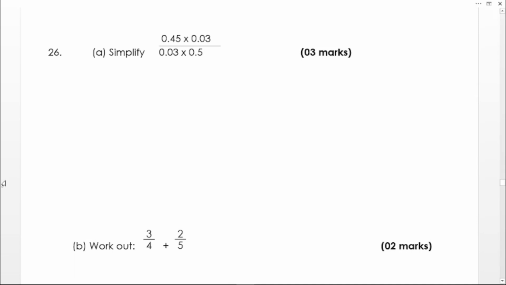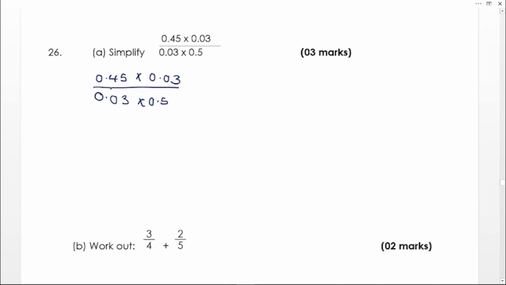All right, now number 26, we are having decimal fractions, and they are telling us to simplify them. So they are telling us 0.45 times 0.03 divided by 0.03 times 0.5.